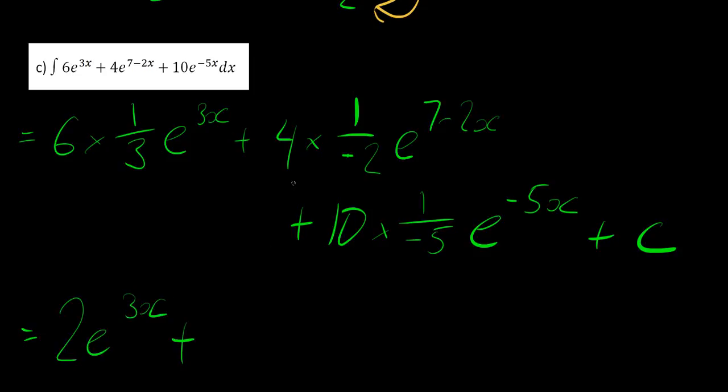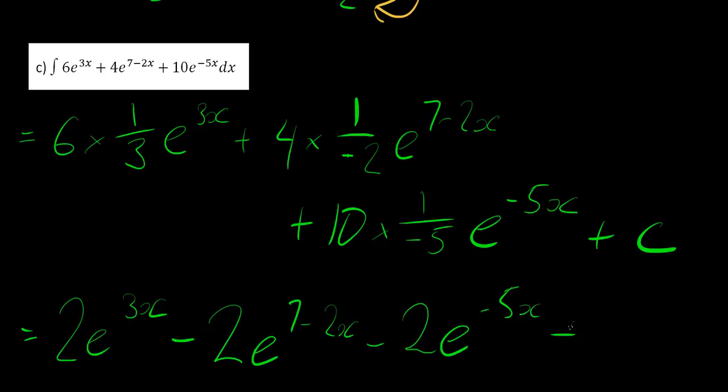Next term is 4 times negative half, so it's now negative 2 times e to the power of 7 minus 2x. Over here, 10 times negative 1/5, and e to the power of negative 5x plus c.